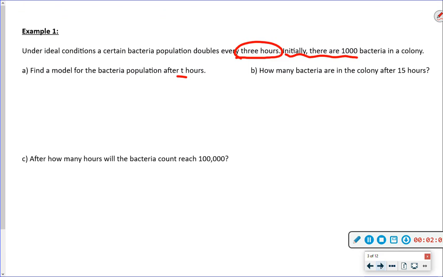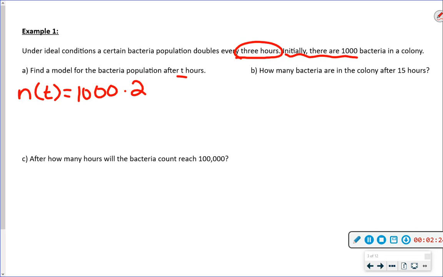So here we go. So N of t. Of course my initial amount is the 1,000, what you're starting with. Now I'm going to put the times dot sign in just because I don't want this to look weird here. I want it kind of separate from the 2, so I'm going to put that in.